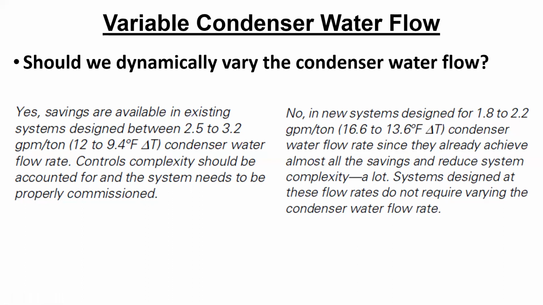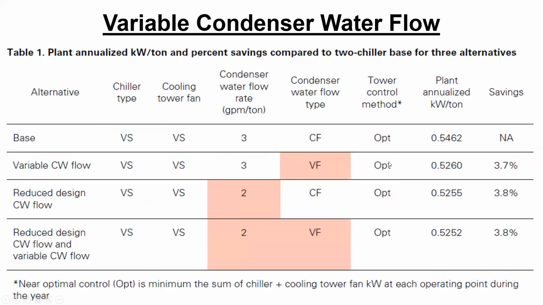And they have already achieved the optimized condition. So there is not much to gain if you are using a more recent loop with a VFD on the condenser water flow. There's been a study that we can take a look at on this slide.